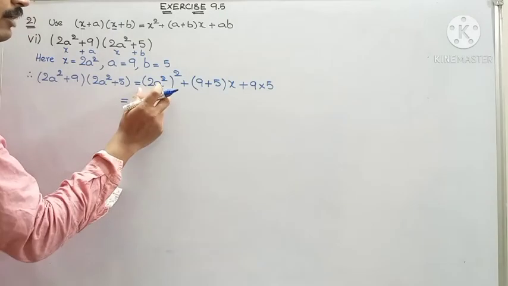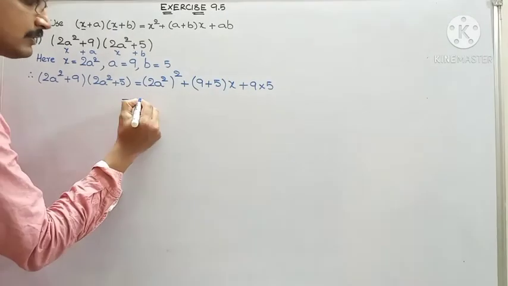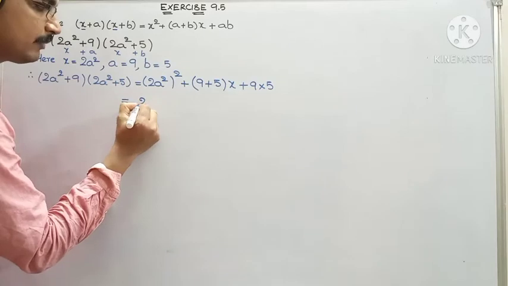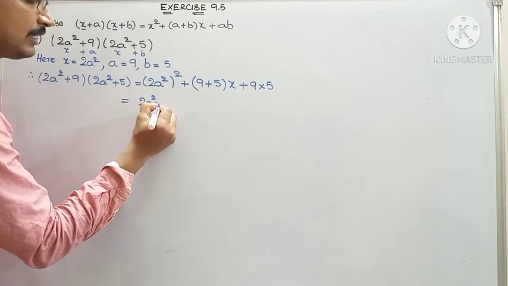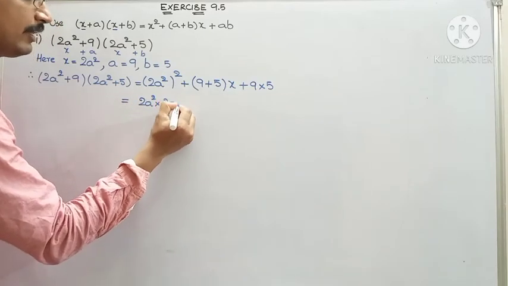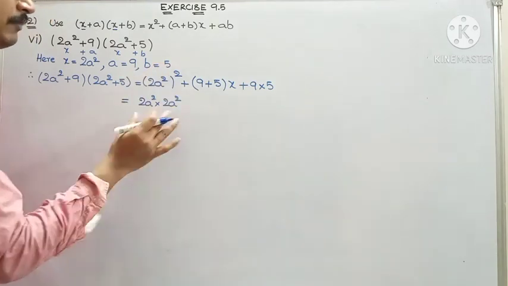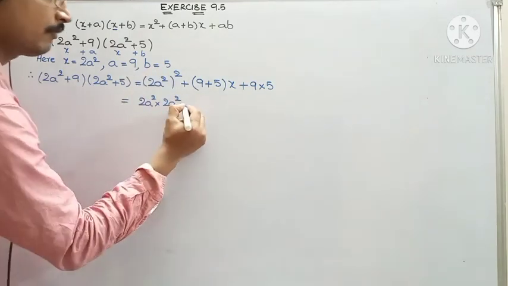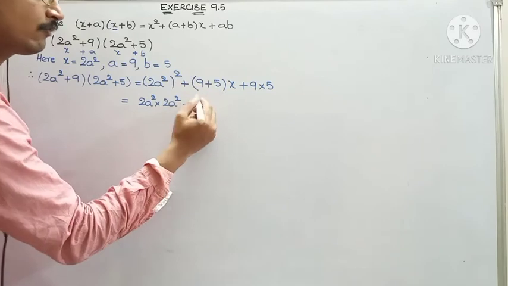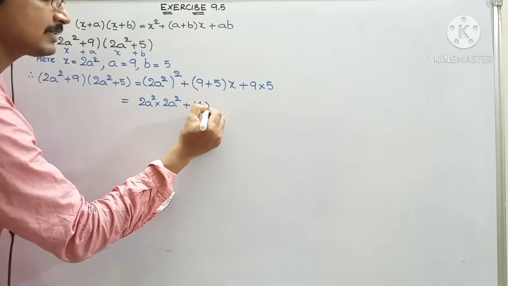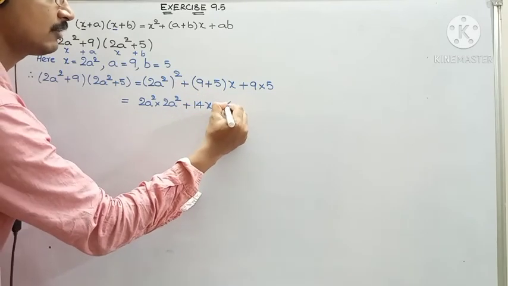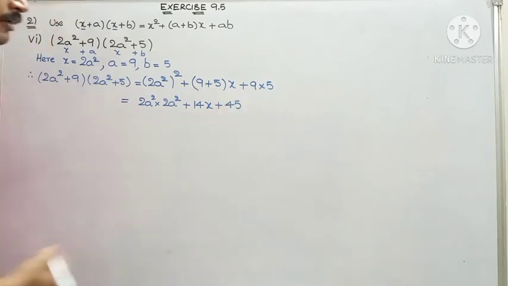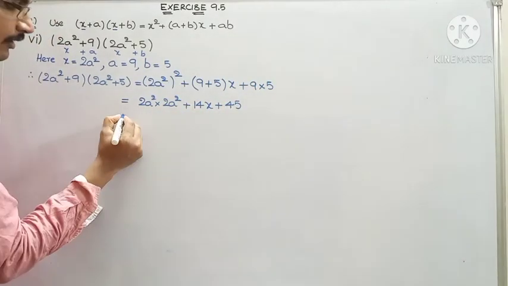If you are quite confident, you directly put the answer. Otherwise, look. (2a²)² means 2a² multiplied by 2a², plus 9 plus 5, 14 into x, 14x, plus 9 5s are 45.